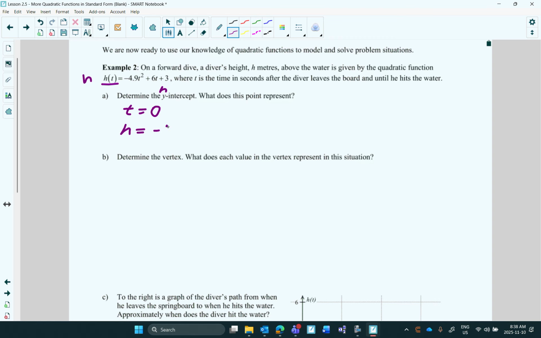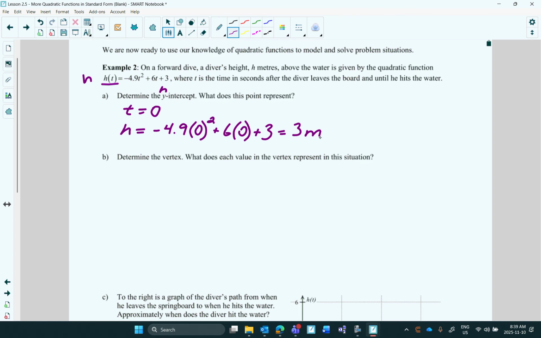So h will be negative 4.9 times 0 squared plus 6 times 0 plus 3, which gives me 3. What are the units? Time is x, which is in seconds, and height is in meters.